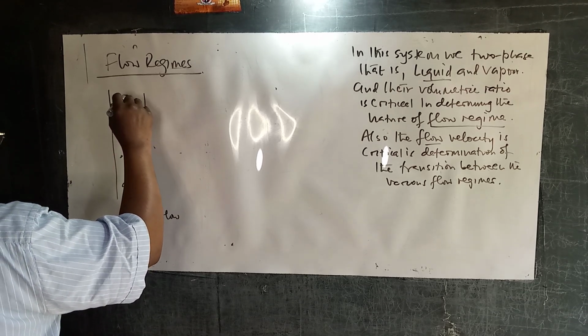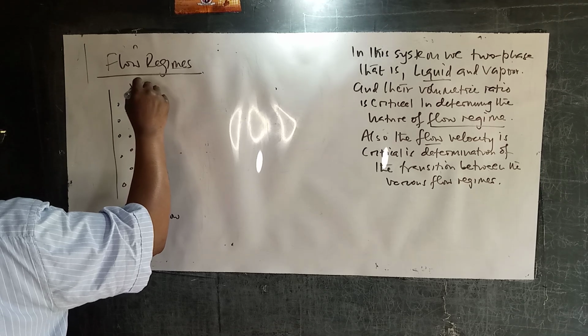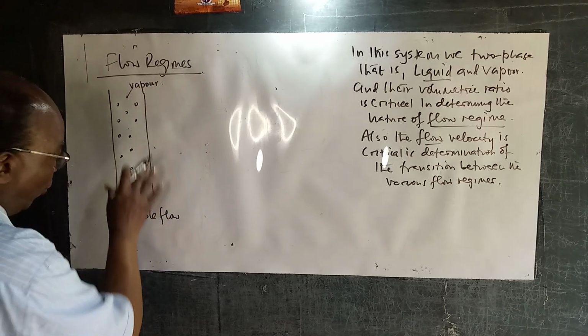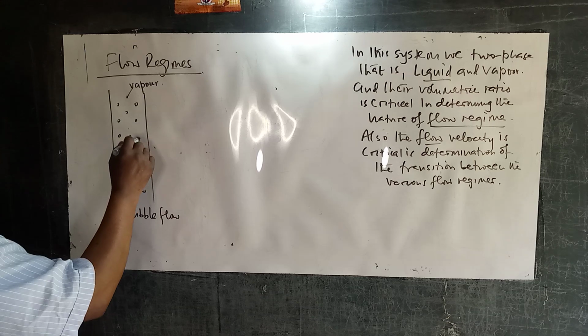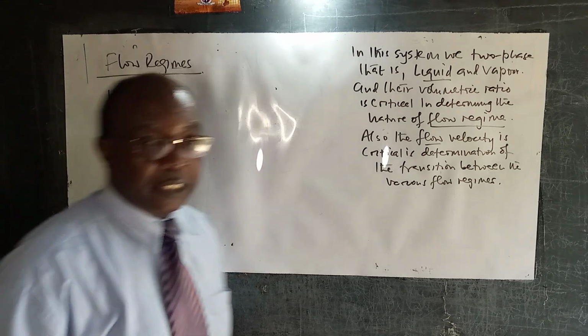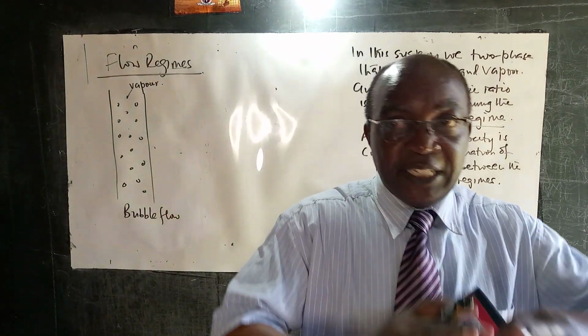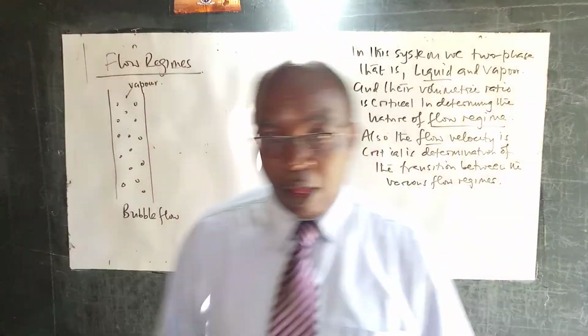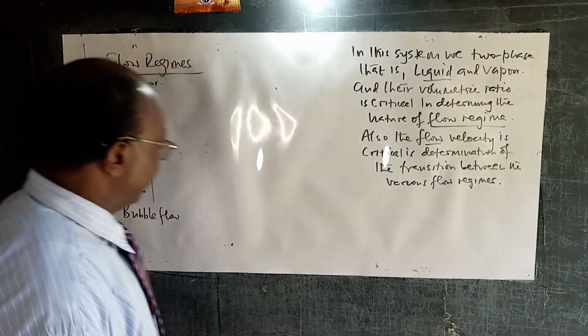So we have vapor. And here the liquid, you see, is in greater quantity, and so the vapor will be dispersed in the liquid, and that we call the bubble flow.